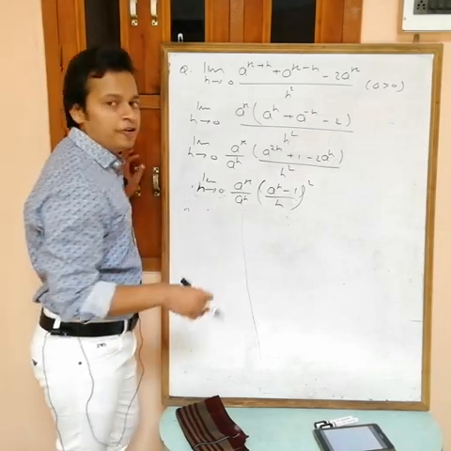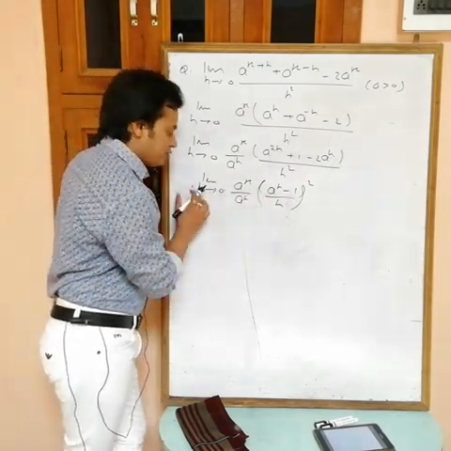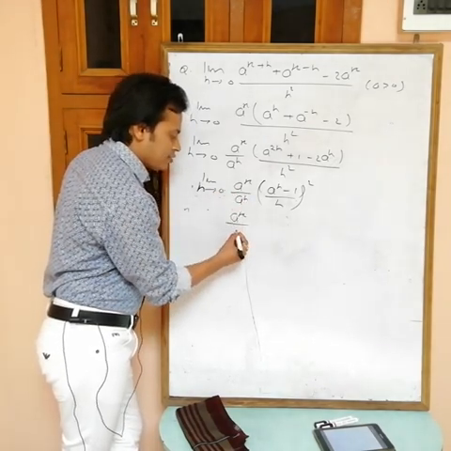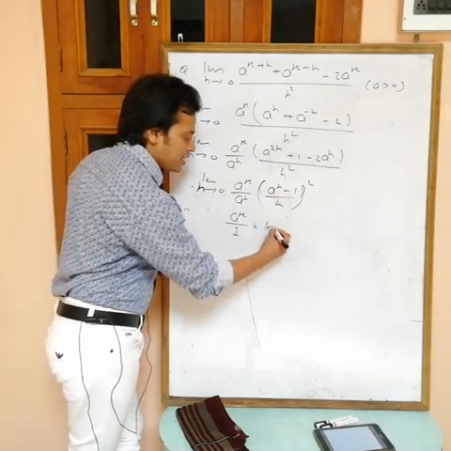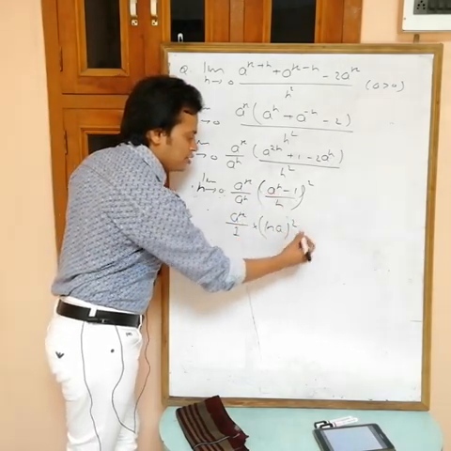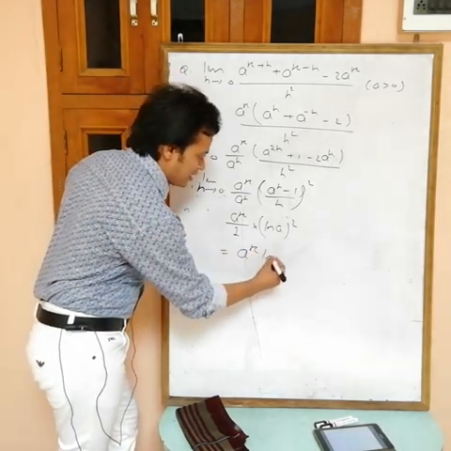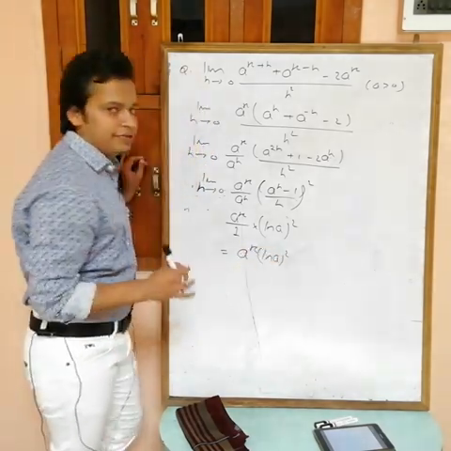So I can use the theorem of limit of this one into limit of this one. Limit of this one is a power x, h equals 0, a power 0 is 1. Value of this one is ln a whole square. So the answer is a power x ln a square, or you can write a power x ln square a.